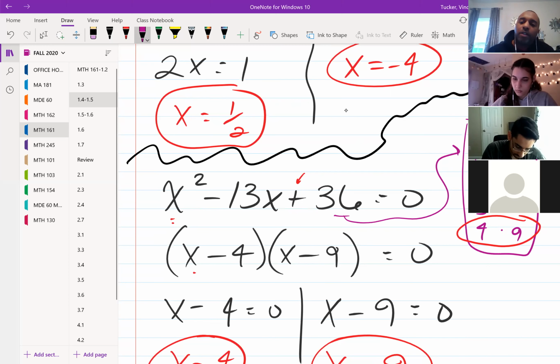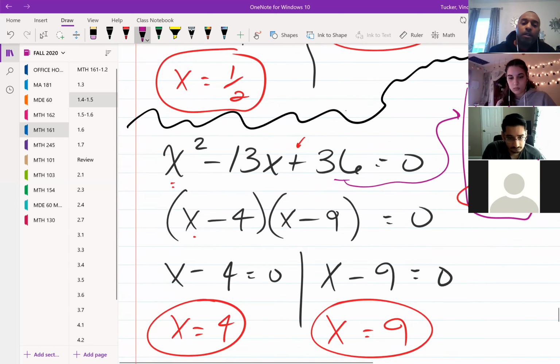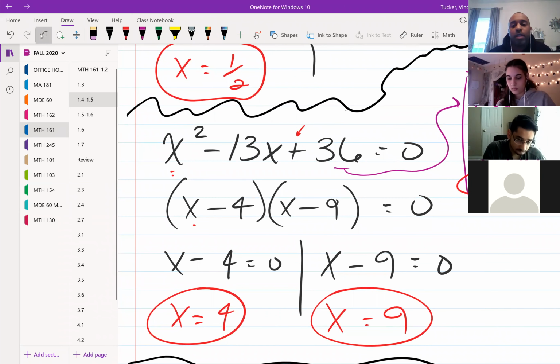Looking at the factors of 36: 1 and 36, 2 and 18, 3 and 12, and 4 and 9. We use 4 and 9 because those are the two numbers that add together to give us 13. Once you factor, set both equal to 0 and solve for x. Add 4 to both sides and then add 9 to both sides.